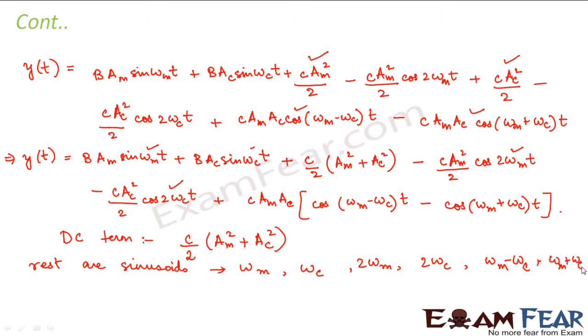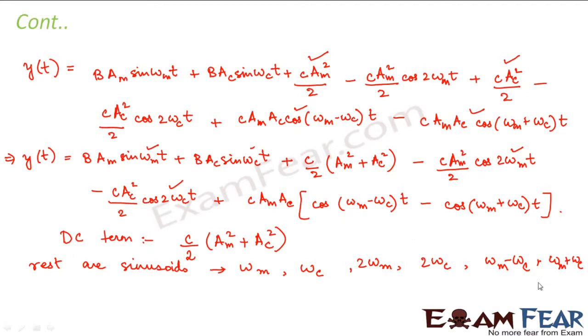So we see that when you look at the output, it has got sinusoids of many different types of frequencies. It has got sinusoids with frequencies same as the carrier wave, some same as the modulating signal, some double of them. So it has got a variety of sinusoid waves.